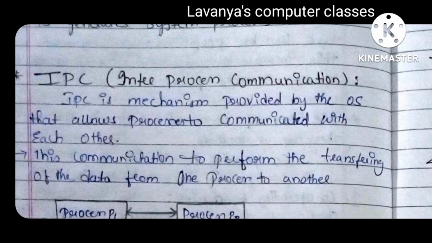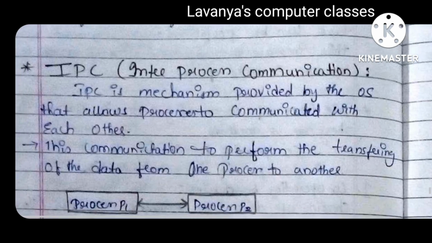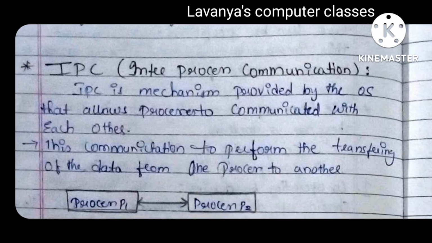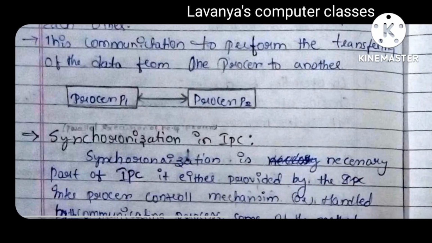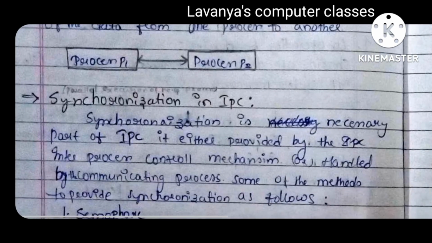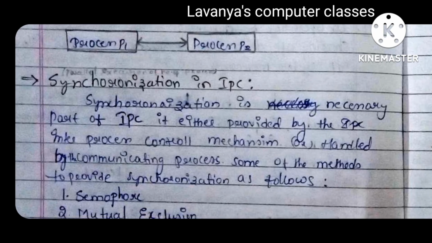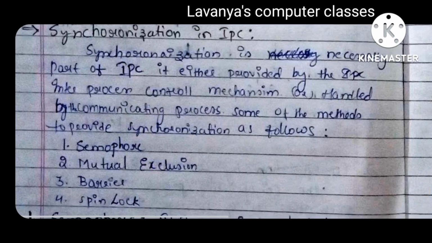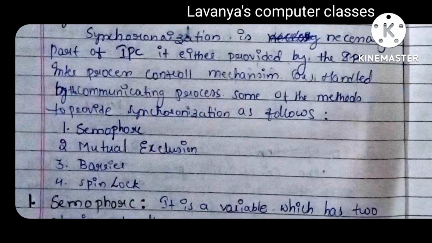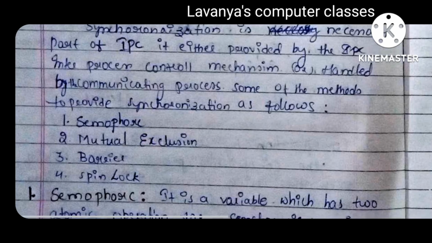Next, IPC, inter-process communication. Diagrammatic representation of inter-process communication. Synchronization in IPC: semaphores, mutual exclusion, barrier, spin lock.